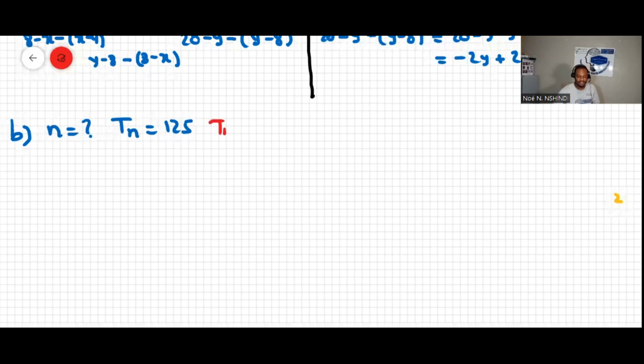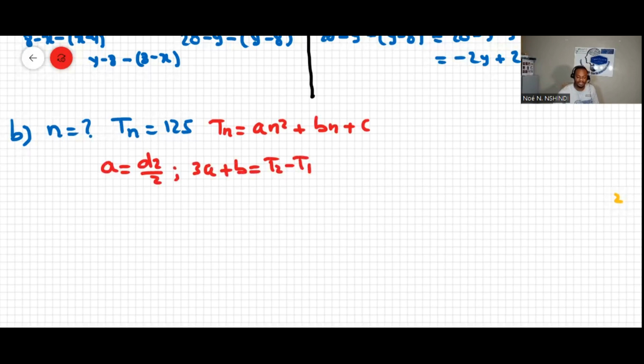We know that Tn is given by an squared plus bn plus c. Also, a is equal to the second difference over 2, and 3a plus b is equal to the difference between the second and the first term, and a plus b plus c is equal to t1.